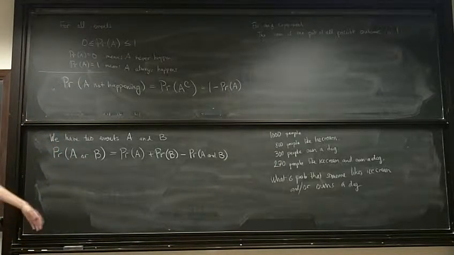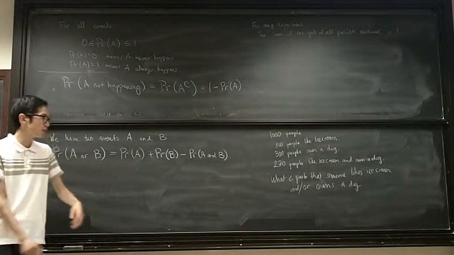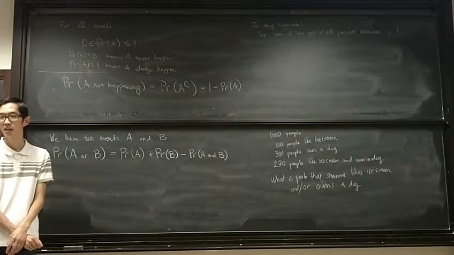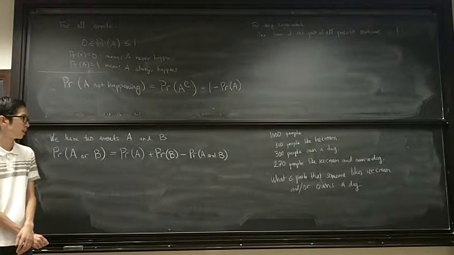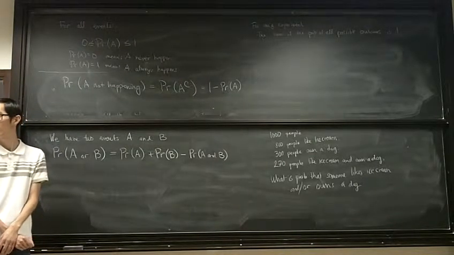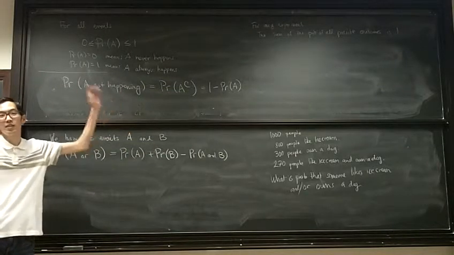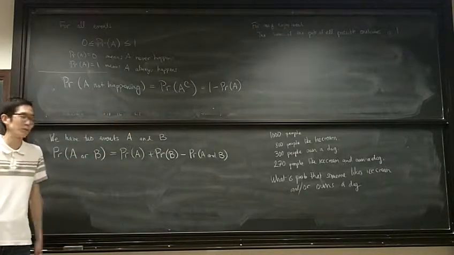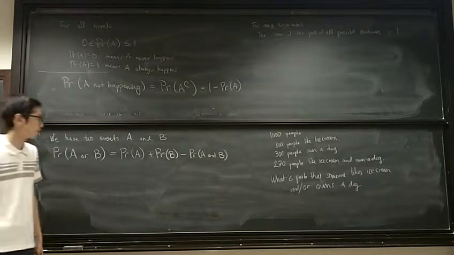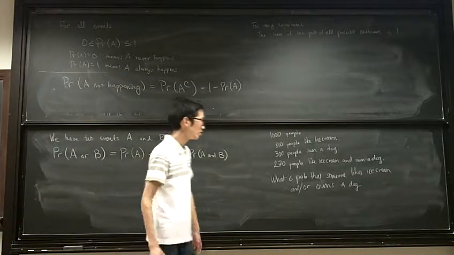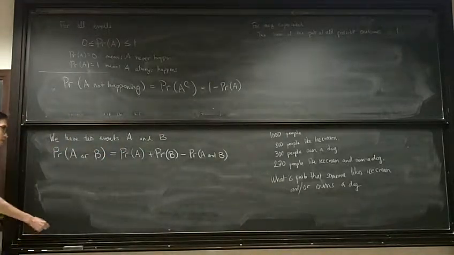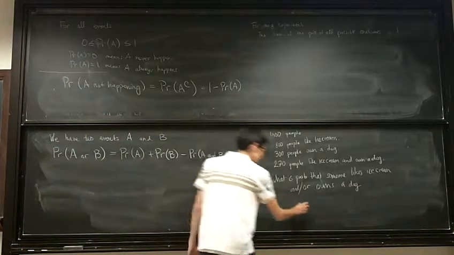So what's the probability that someone likes ice cream and/or owns a dog? The answer is 0.83.